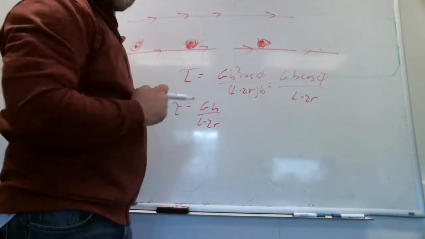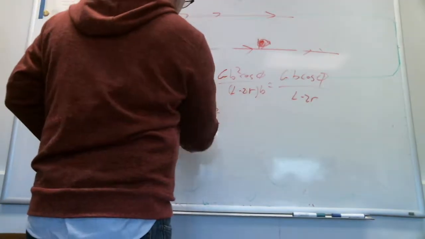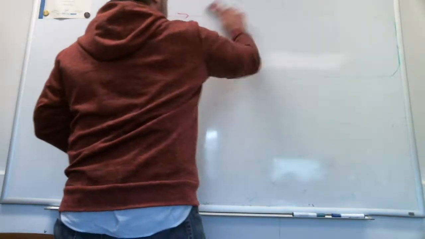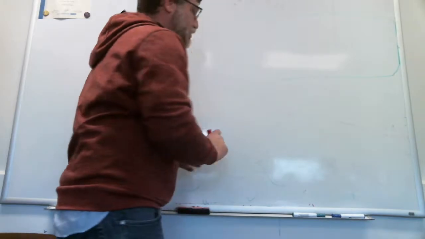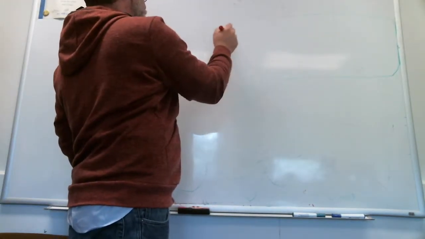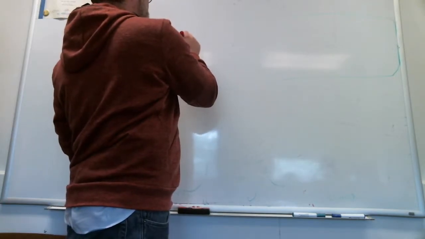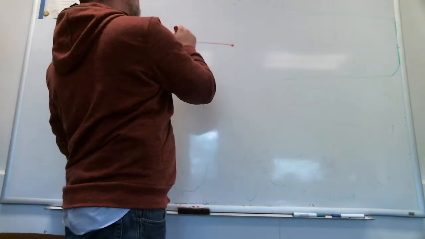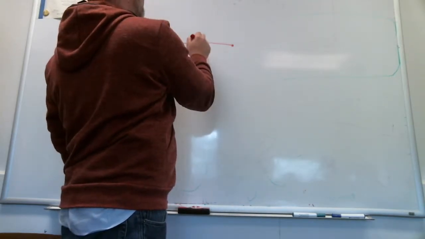Right? And that's Orowan bowing, and that's the exact same force balance that you did, I'm sure, in your defects in structures class when you looked at the force required to operate a Frank-Read source. So here we've got a dislocation between these two pinning points, and the dislocation line is basically, you can imagine it going into the board.